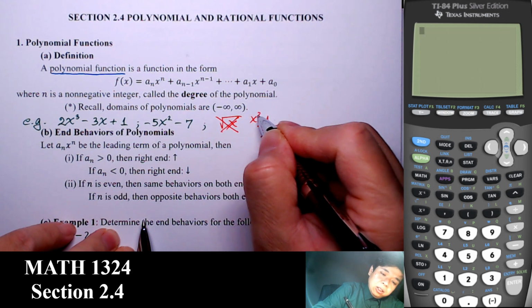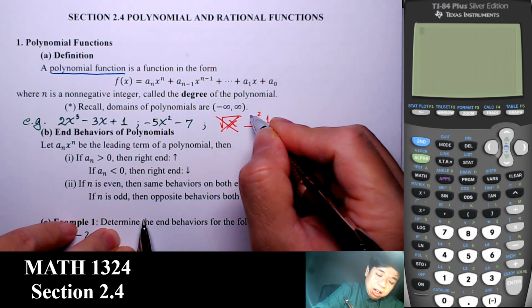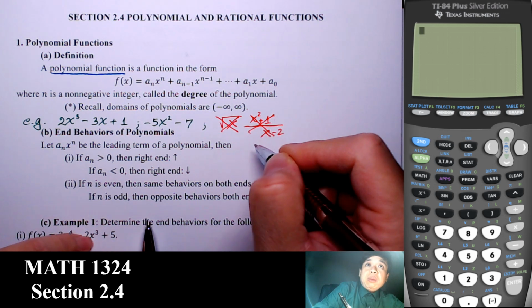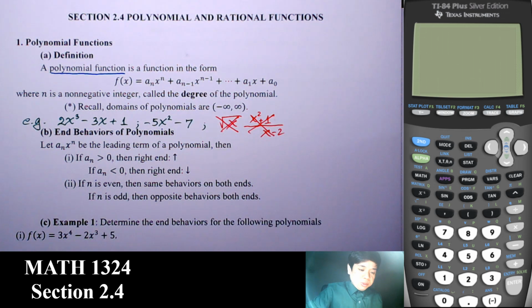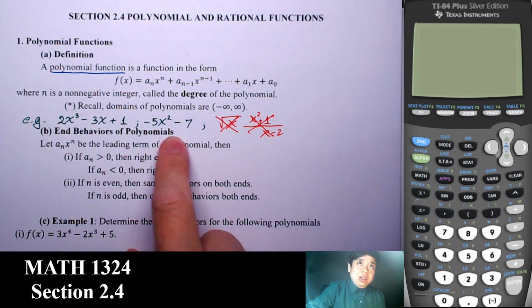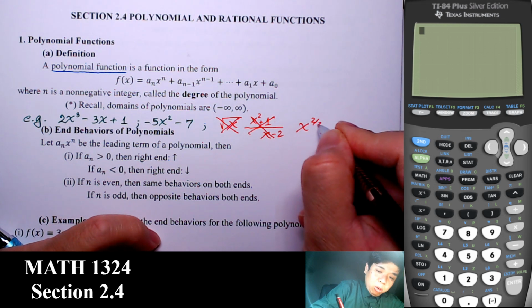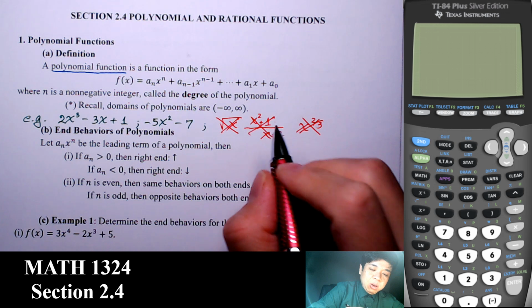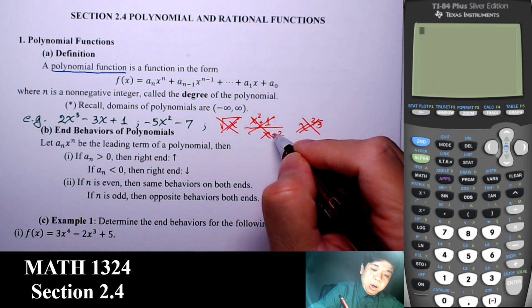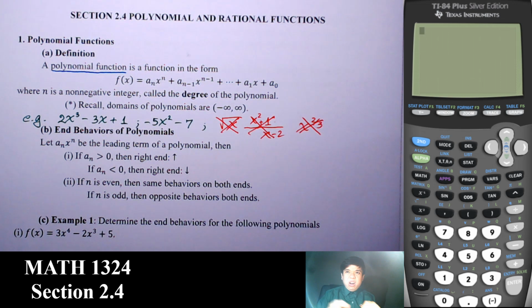So we cannot divide by x, cannot have x in the root, and cannot have x raised to a rational exponent. So no radicals, no roots, no x in the denominator, and no rational exponents. We cannot have any of those.